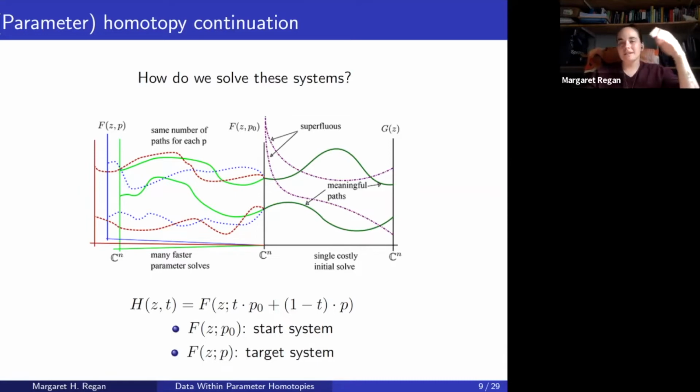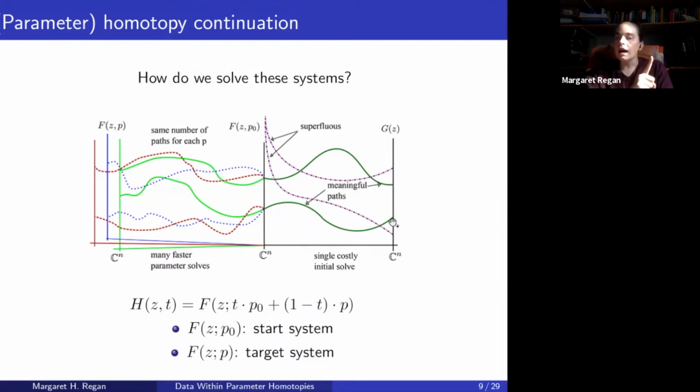And sometimes this is like hundreds of thousands, et cetera, of parameter points that you want to solve for. And what happens is that when you do this initial solve with our g of z and our f of z at p0, maybe you start out with 4 solutions, but the only non-singular isolated solutions to the system, f of z at p0, are 2.